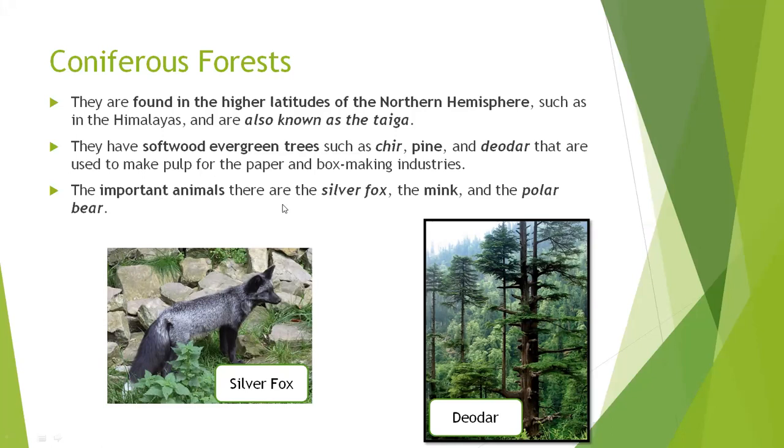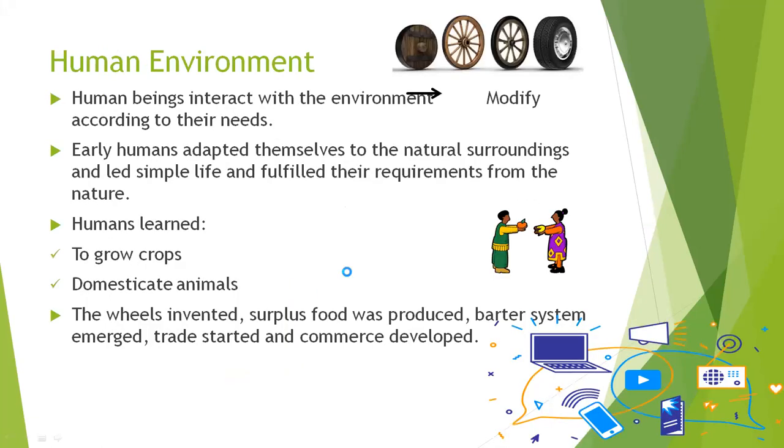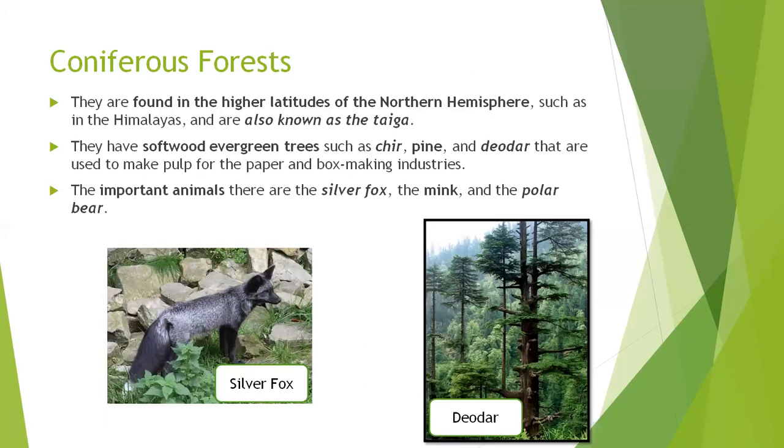The important animals there are silver fox. Just look at the picture of silver fox, very shiny. That's why this name is given to this type of fox. Silver fox, polar bear, mink. We find these types of animals here.